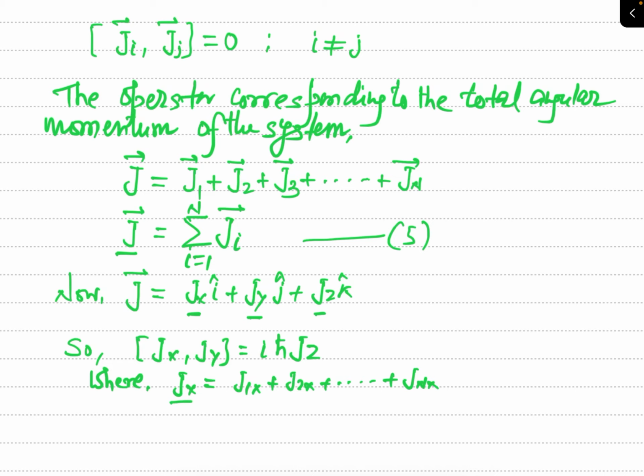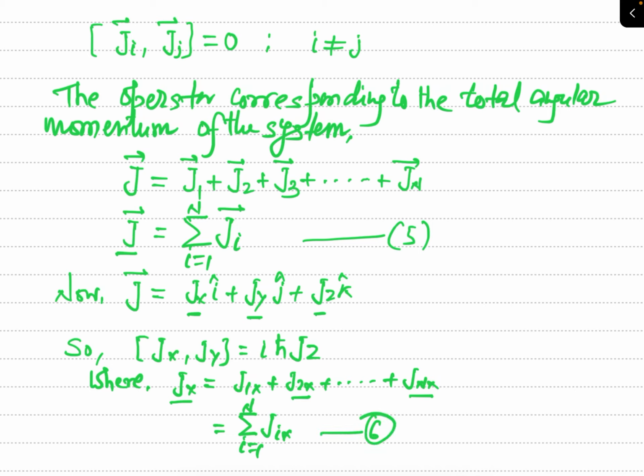So J1x is the angular momentum operator associated with the x component of angular momentum of the first particle, this is for the second particle, and this is for the nth particle. Or in brief, you may write this as the summation of Jix, where i runs from 1 to n.